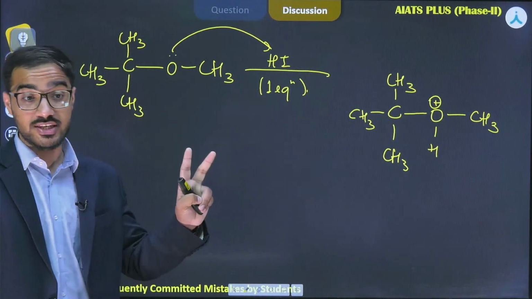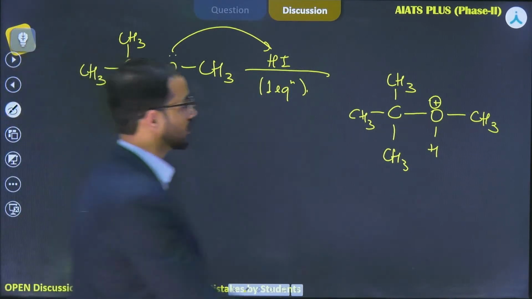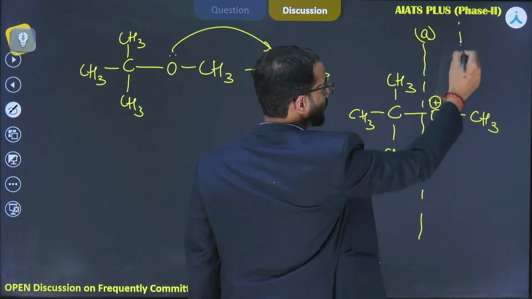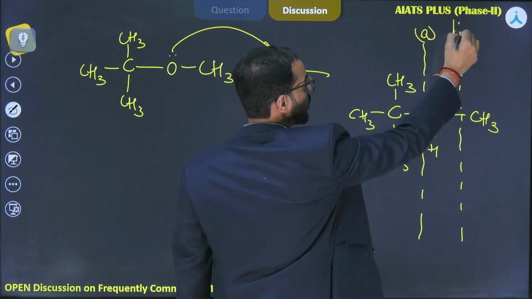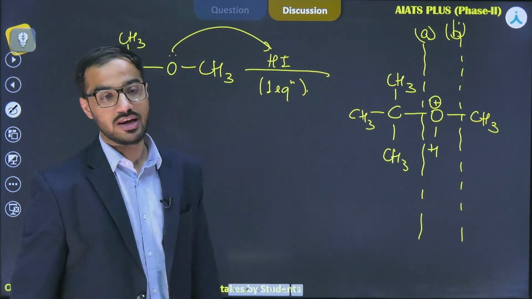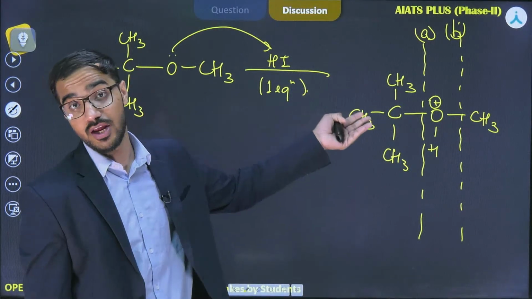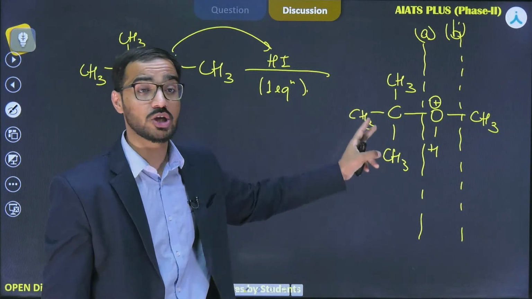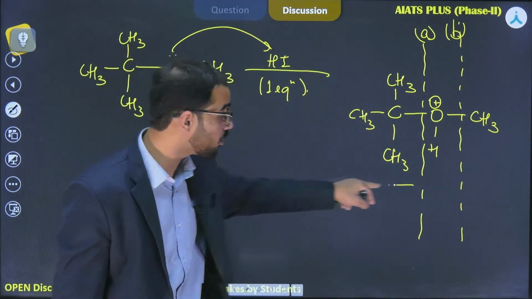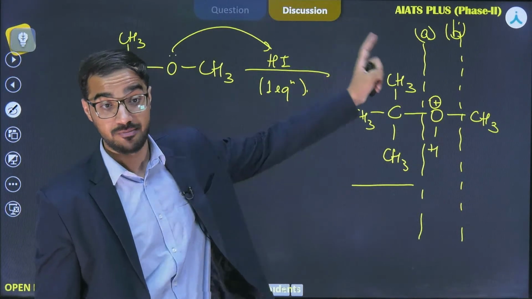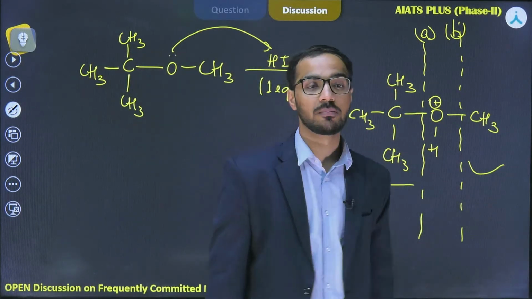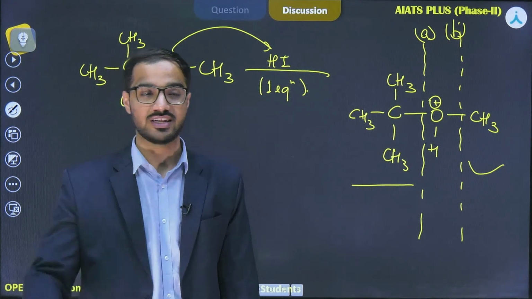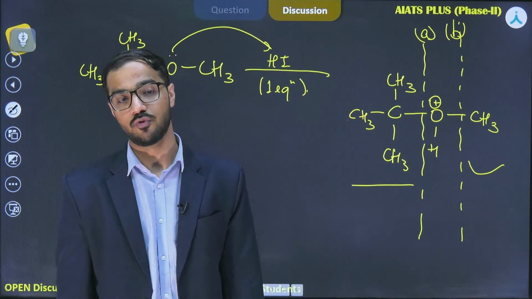There will be two sites at which this bond can break: site A and site B. It is clearly evident that site A will break. Why? Because after breaking at A, you will have a more stable tertiary carbocation, and if you break from site B, you will have a methyl carbocation, which we say can't be formed.